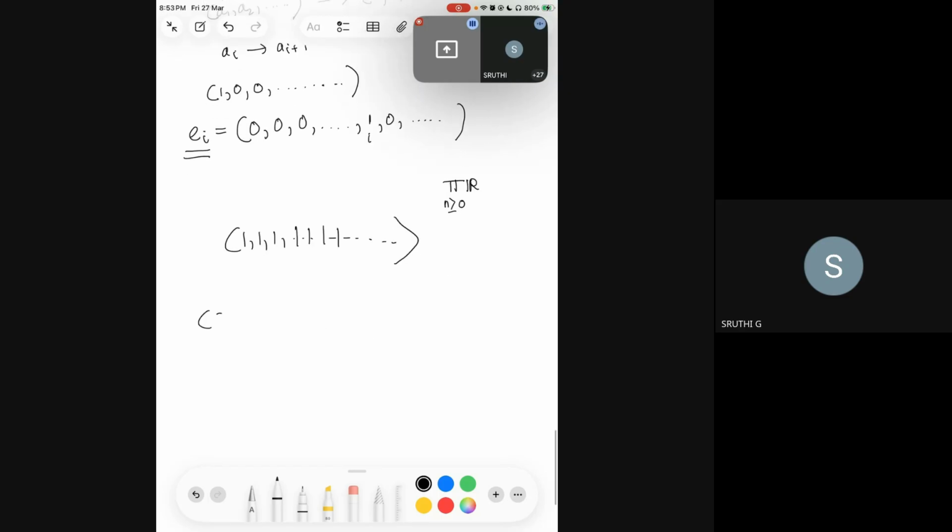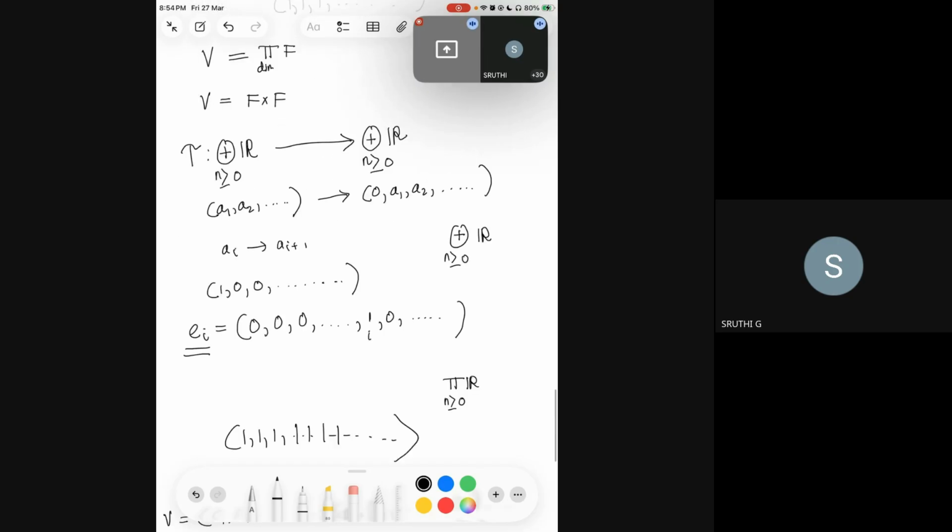Suppose you are giving me any element c1, c2, ..., cn, then everything after that is 0. You can say this vector v is equal to the summation of c_i e_i, where i goes from 1 to n, right?